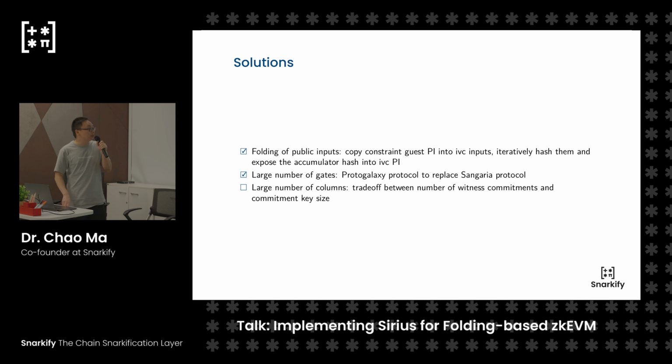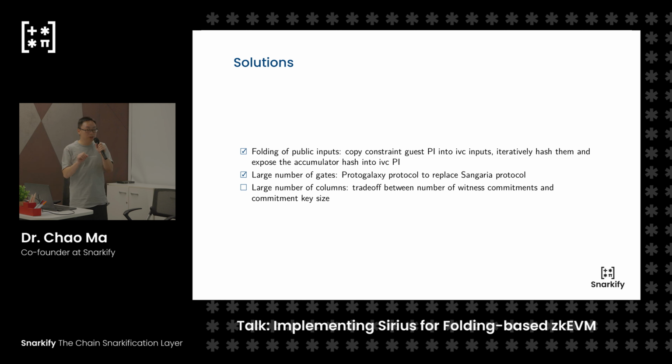So the solution for the first one: since we cannot use the normal random linear combination of the public input columns, what we can do is feed the public input value of each step as a device value into the IVC part of the circuit, and we copy constrain it to the public column.